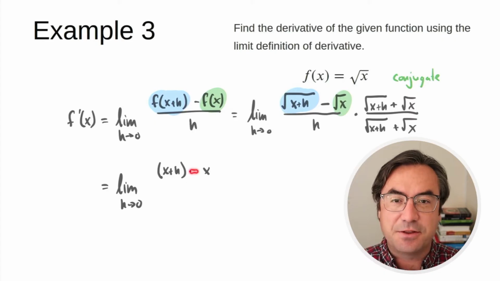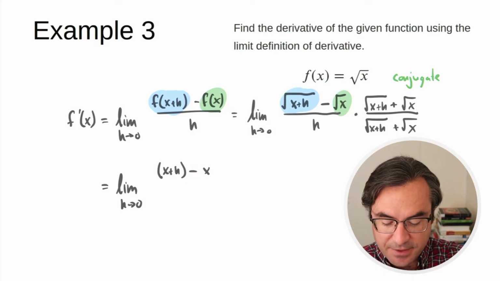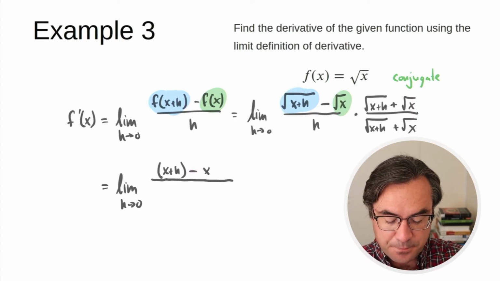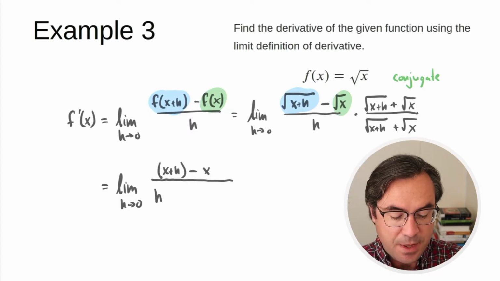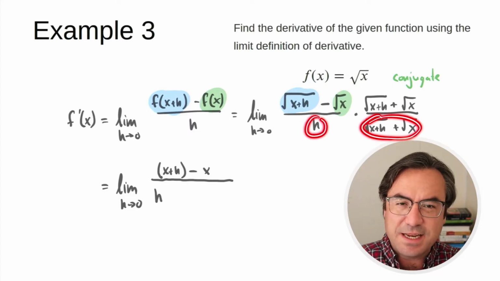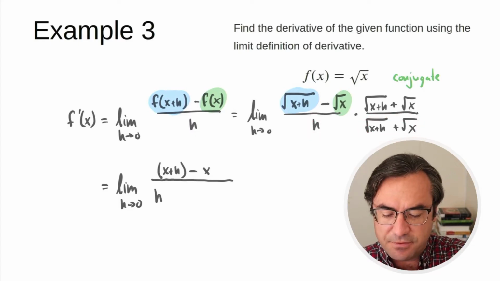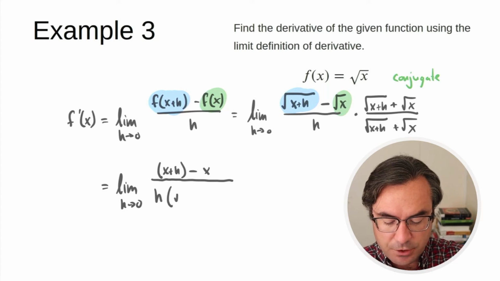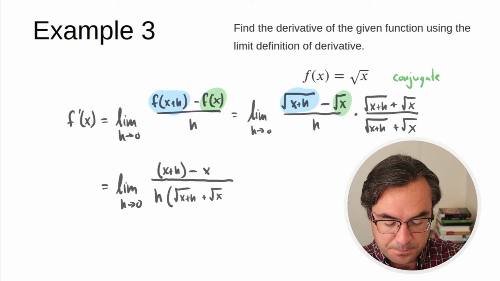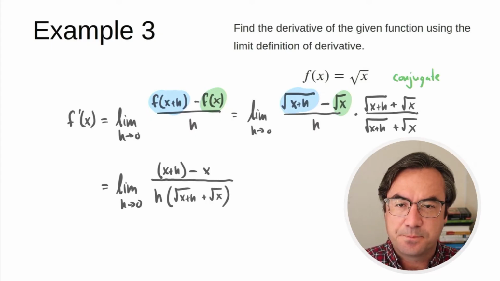The minus is still in the middle. In the denominator, we have our h, and let's not distribute or anything. We don't normally do too much with the denominator, so we're just going to leave it like that.